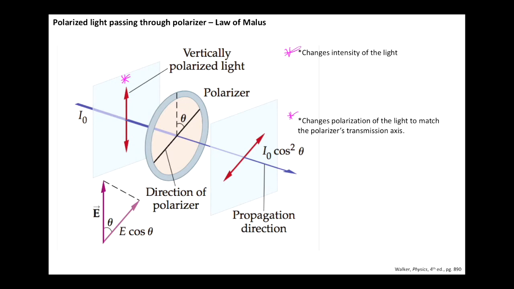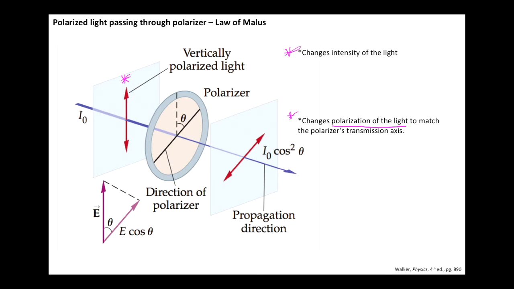The second thing that's going to happen is that the polarization of the light is going to switch to match the polarization of the polarizer's transmission axis, okay? Don't dig into that too deeply. I'm hoping you can conceptually see why that might be so.